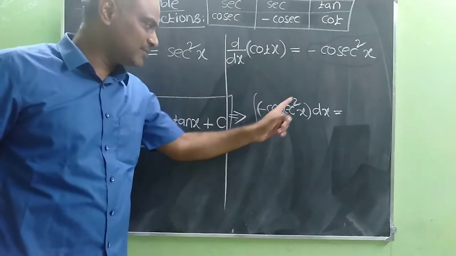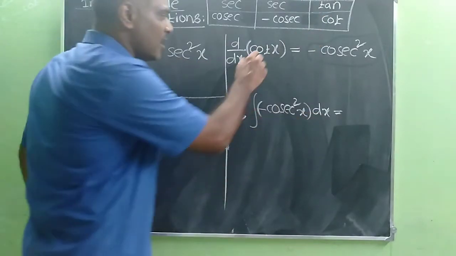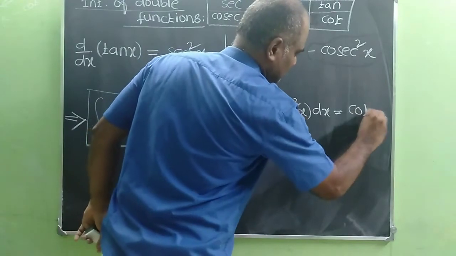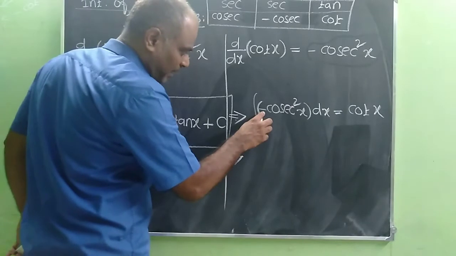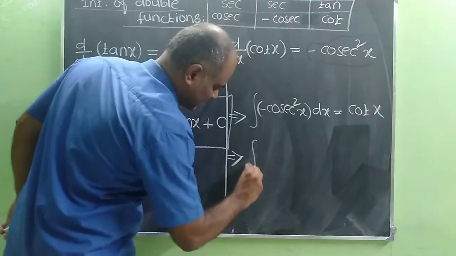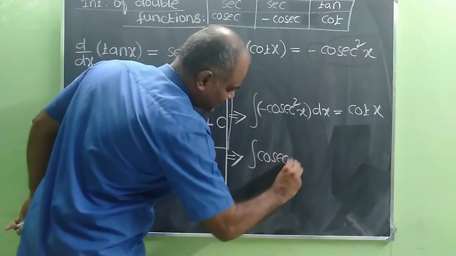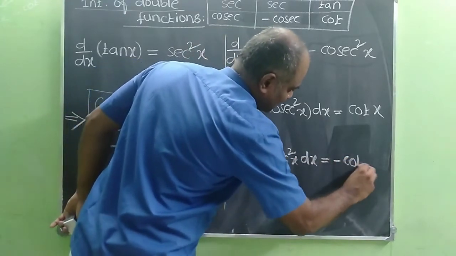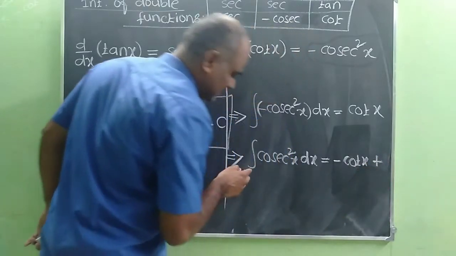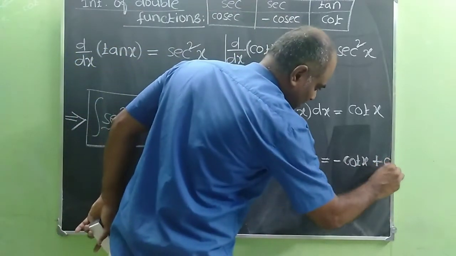So integration of minus cosecant squared x dx equals cot x. The minus goes to the opposite side: integration of cosecant squared x equals minus cot x plus c, since this is an indefinite integral, so we have one constant c.